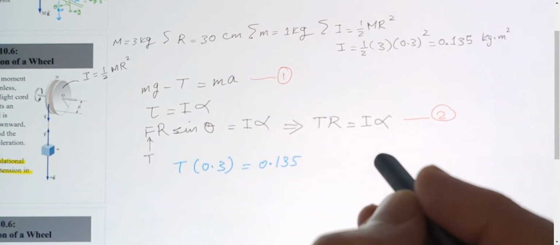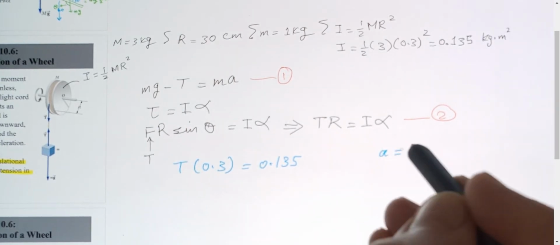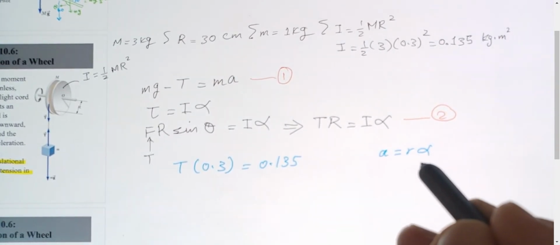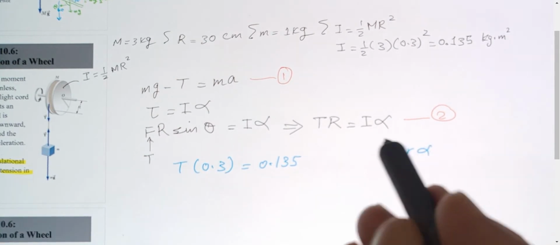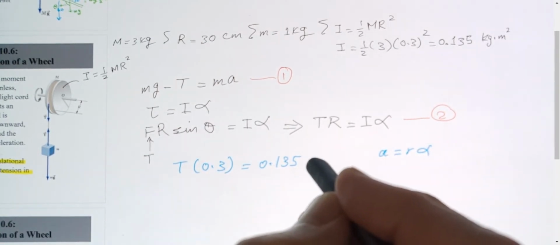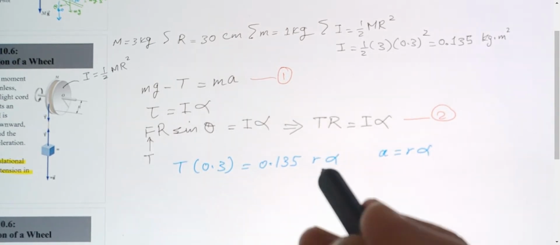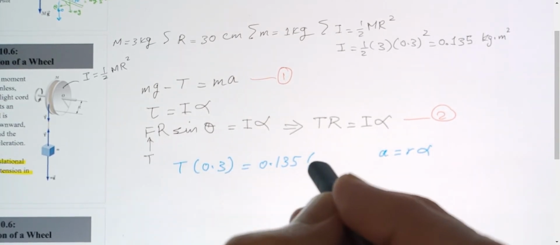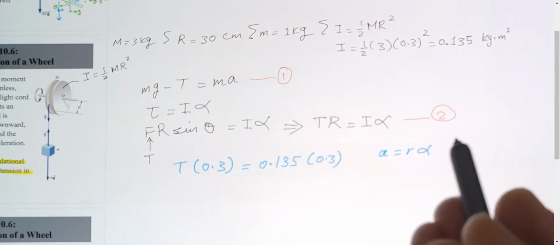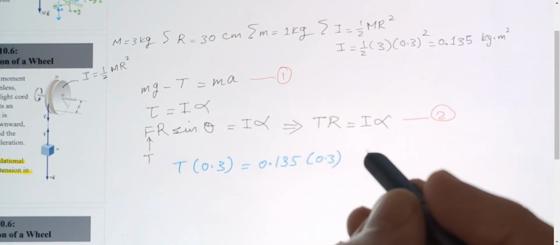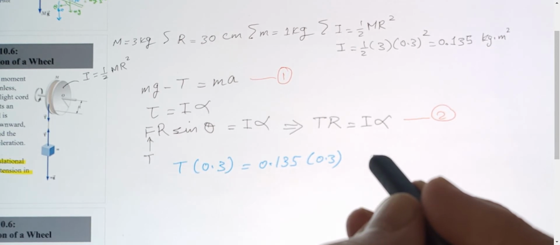And I know that A is equal R alpha. I know R is equal 0.3. And then I multiply it by alpha.